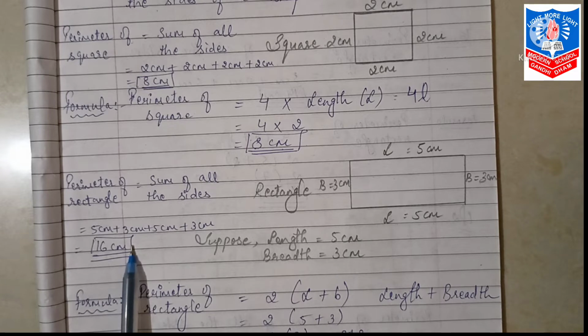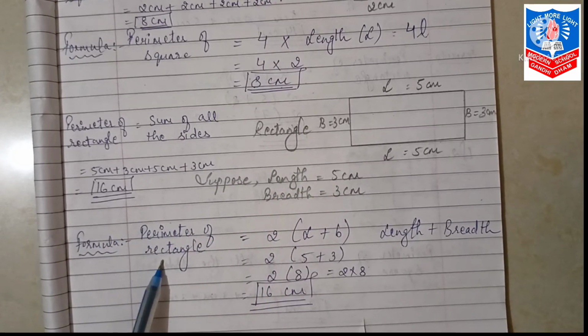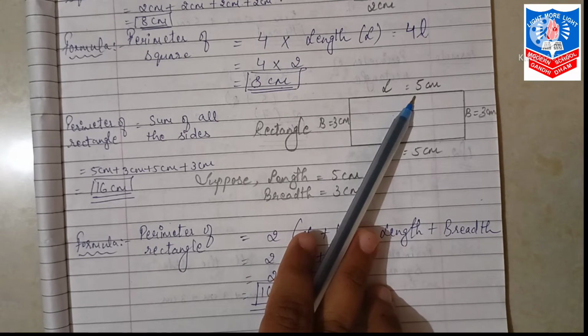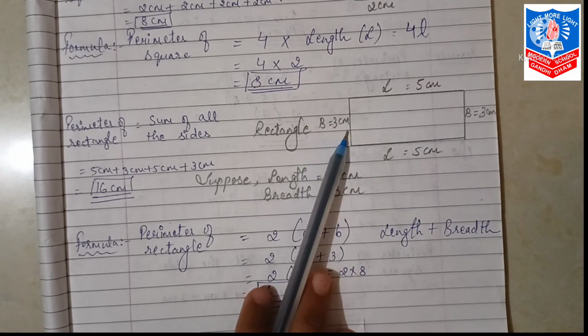Okay, now we will apply the formula. This is without formula and now this is with formula. Perimeter of rectangle is equal to 2 and in the bracket length plus breadth. Okay, next step: 2, length is 5 centimeter as you can see, then breadth 3 centimeter.